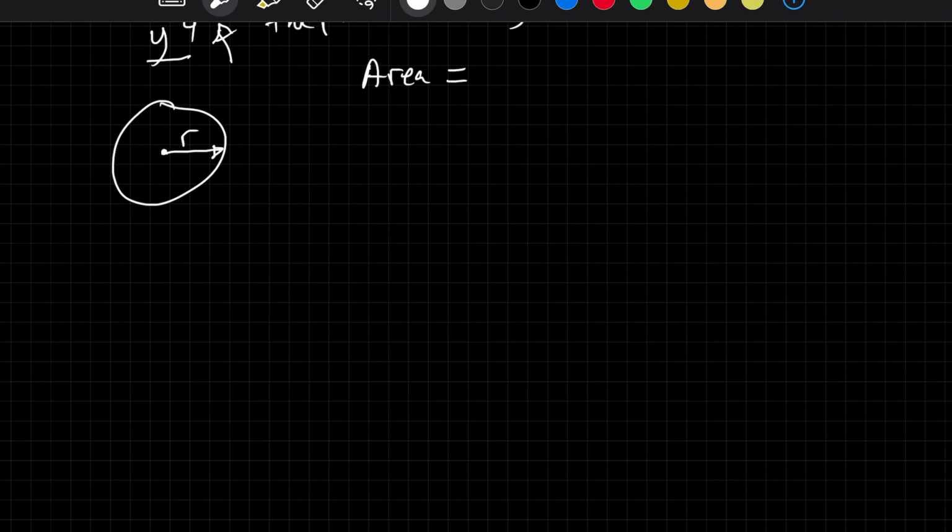The way we can write this is to multiply pi, which is this symbol here, not the pie you eat, by the square of the radius.